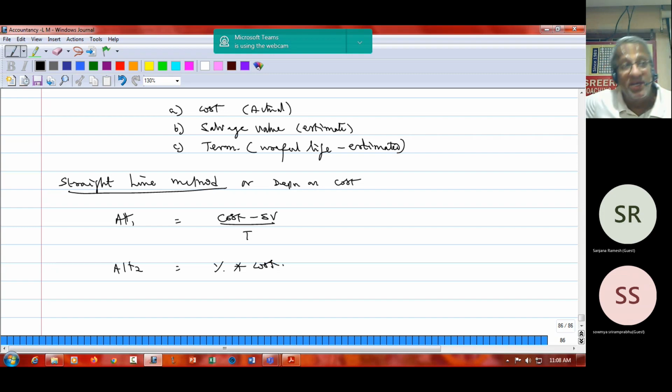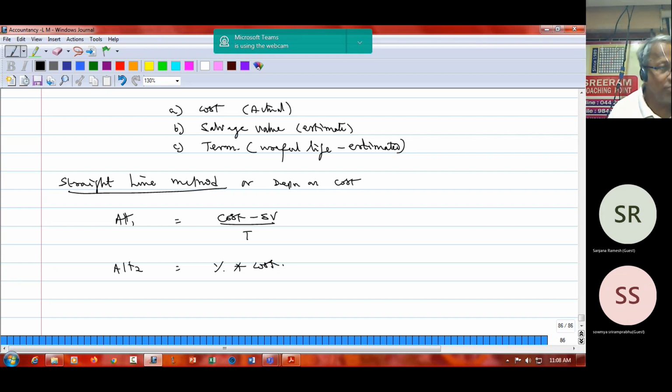Then I told you the term, useful life, is also estimated. What is the life that you are estimating for a 2-wheeler? 10 years. She may tell 5 years because your usage rate may be different and her estimated usage rate may be different. If I am using it for cab purposes, that is for taxi purposes, then I have to estimate it shorter.